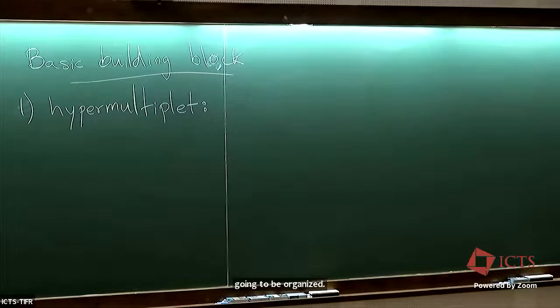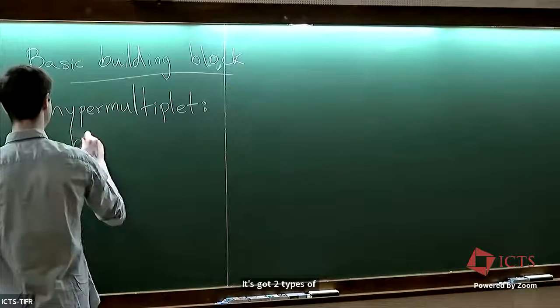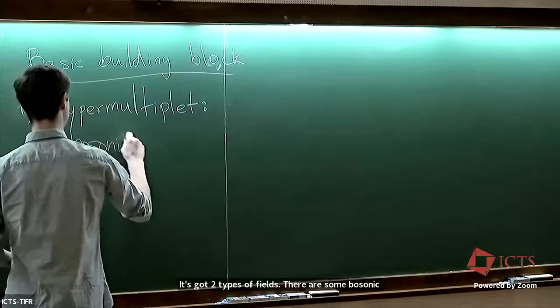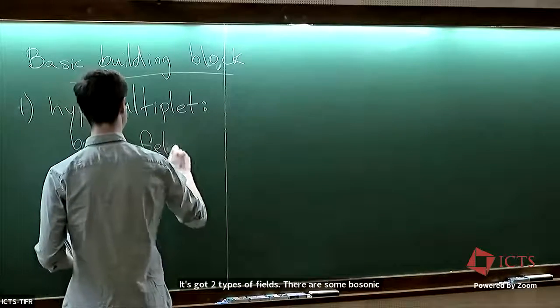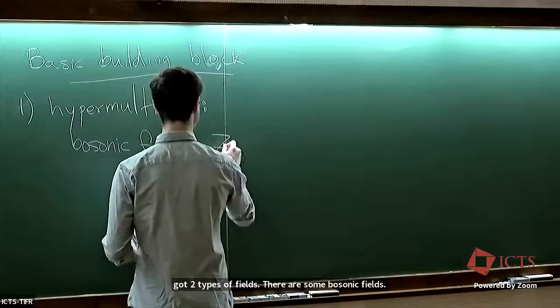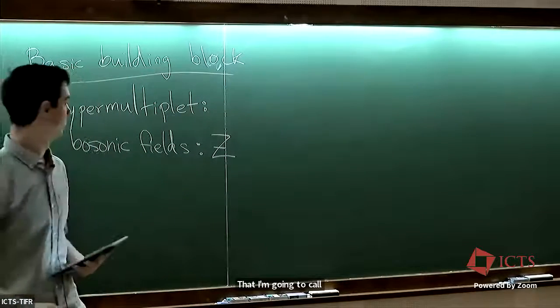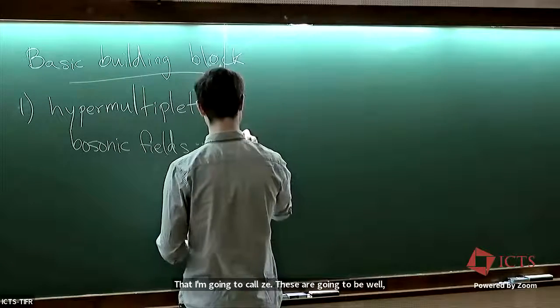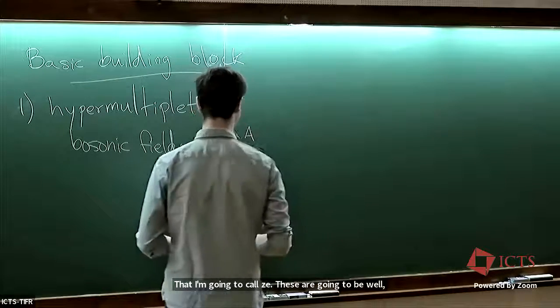It's got two types of fields. There are some bosonic fields that I'm going to call Z. Let me write out some indices for you. They're going to have two indices.